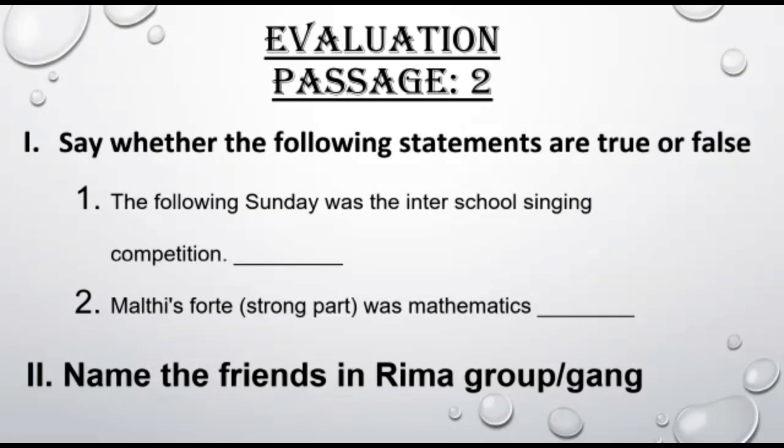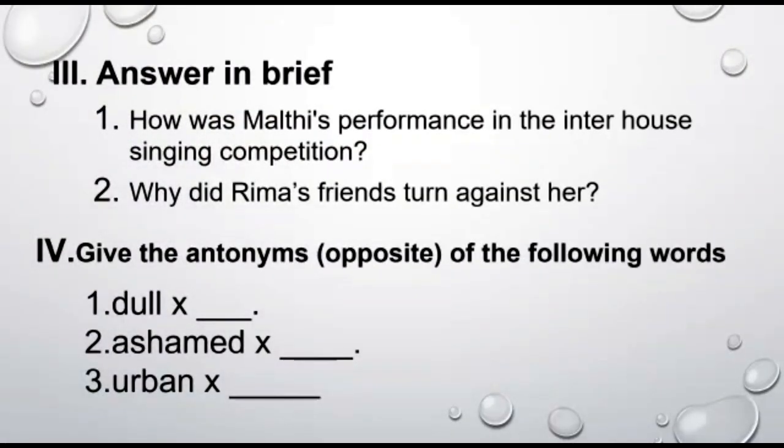Question number 2. Name the friends in Rima's group or gang. On our first slide, when the passage started, I have already shown you the picture of Rima's friends. So you can write the answer. Continuation of evaluation. Question number 3.